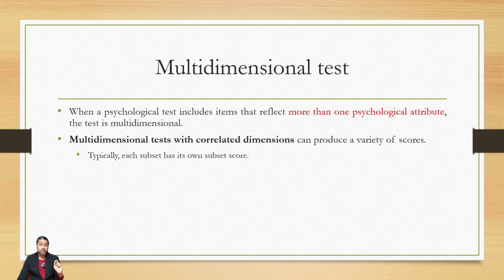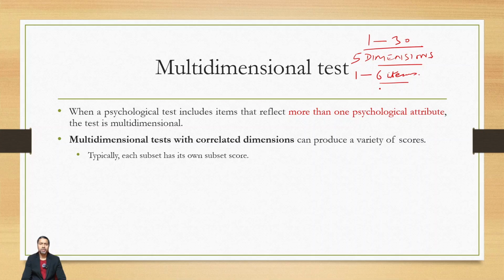First, each subset has its own subset score. What we mean by this, suppose again the example of 1 to 30. Let us say there are 5 dimensions. Roughly, let us say on average they have equal items, so each dimension will have 6 items.